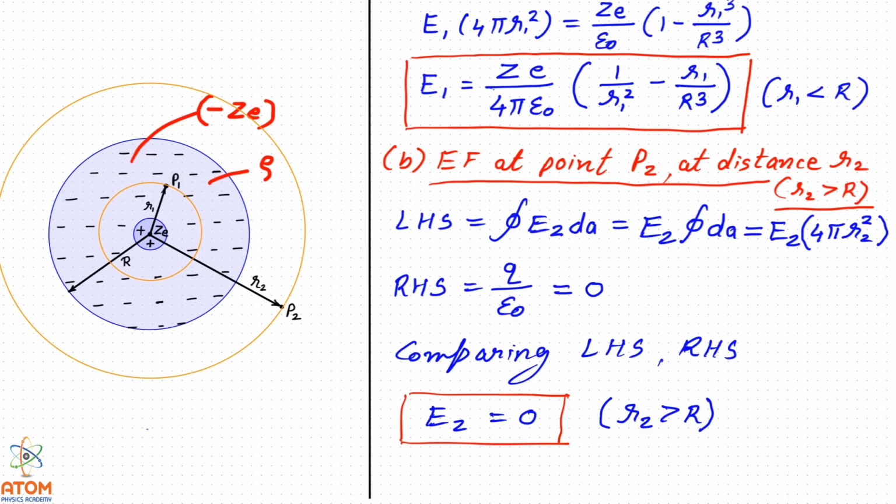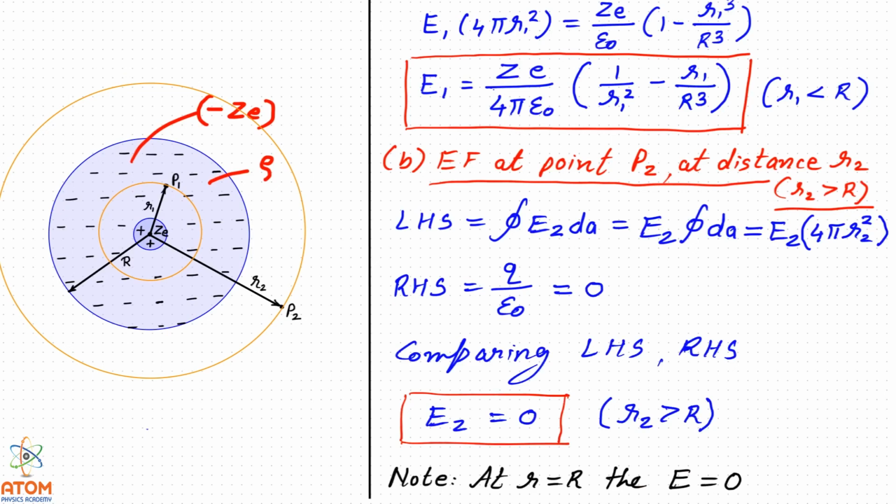One more thing to be noted, at the very surface of the atom, let me take it as a note, at small r equal to capital R, on the very surface of the atom, the electric field will be 0.